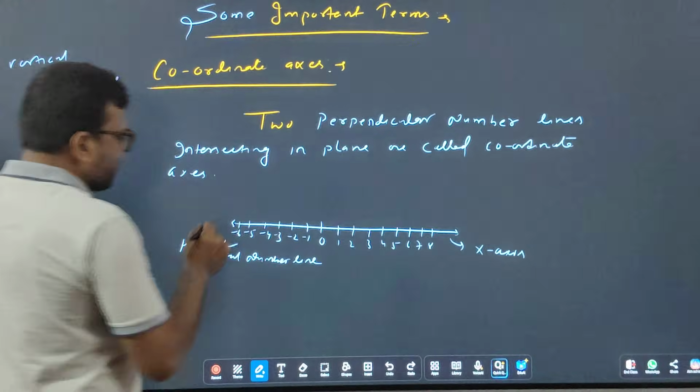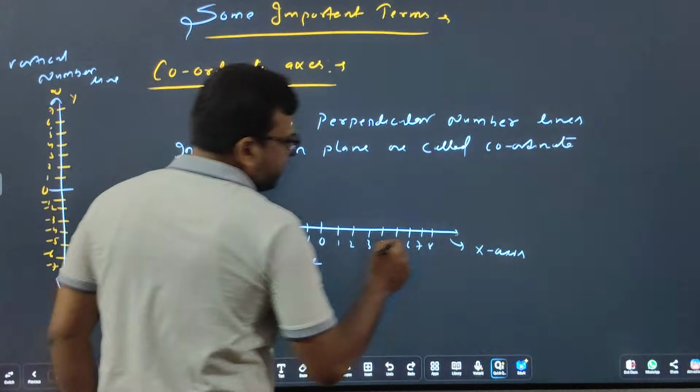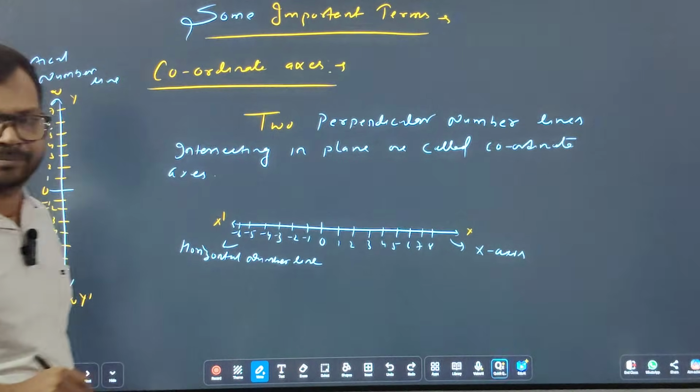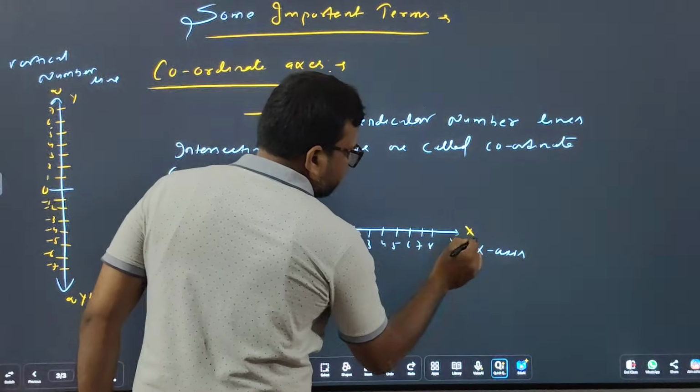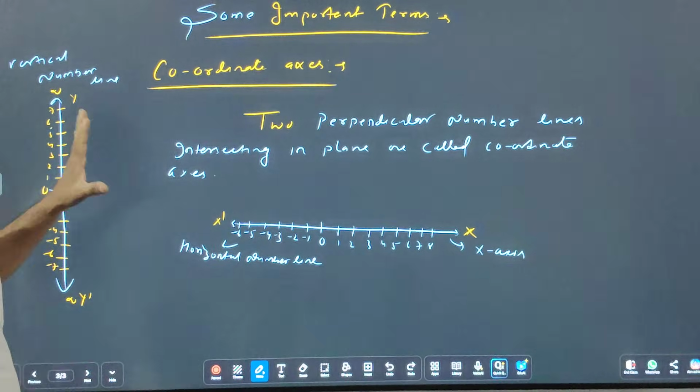In the same way, on the x-axis, the left side is represented by x dash, and the positive side is represented as x. So this is called the x-axis and this is the y-axis.